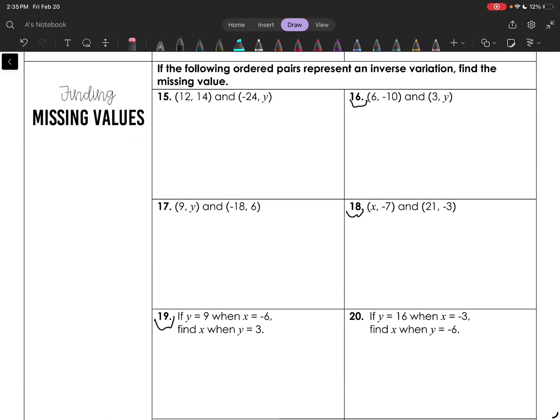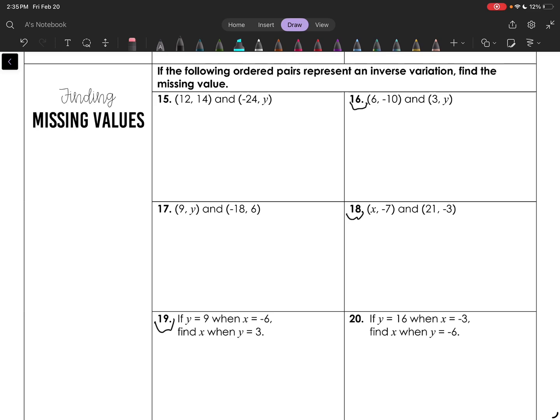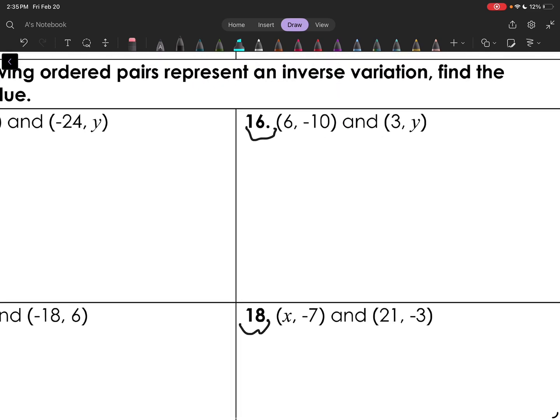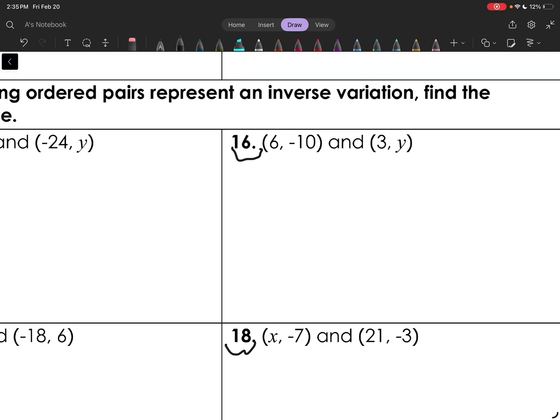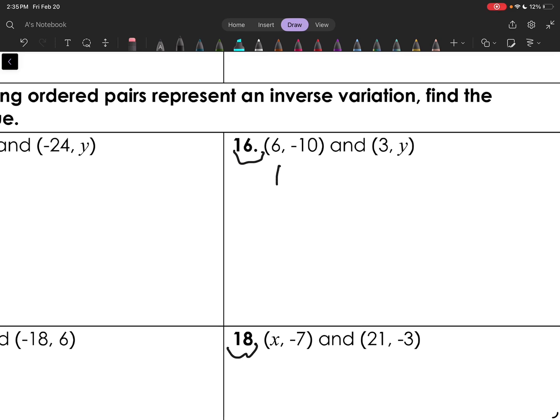Finding missing values. Just like direct variation, we can do this for inverse variation. So number 16, 6 and negative 10, and 3 and y. Well, my constant of inverse variation is 6 times negative 10 is equal to 3 times y. Divide by 3.